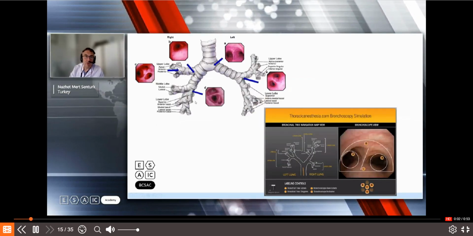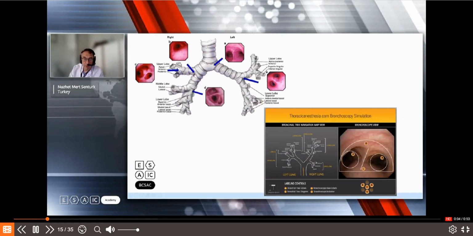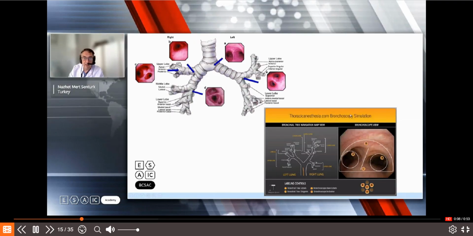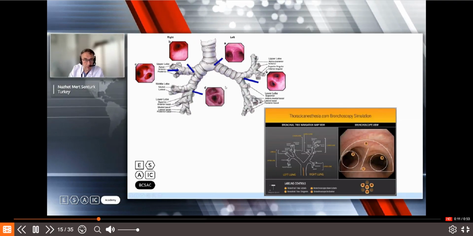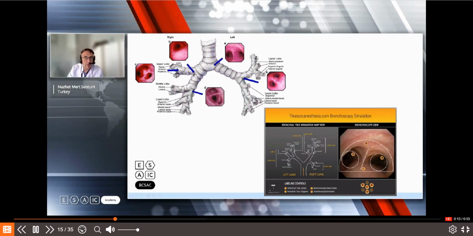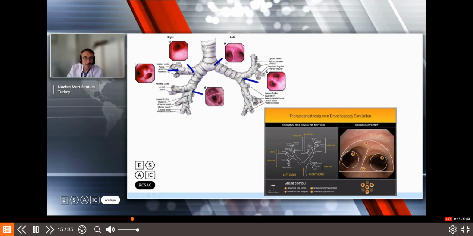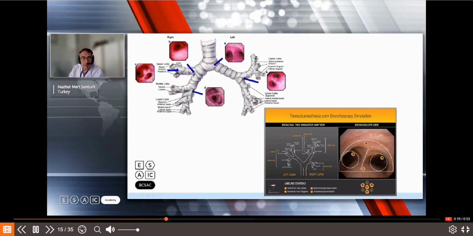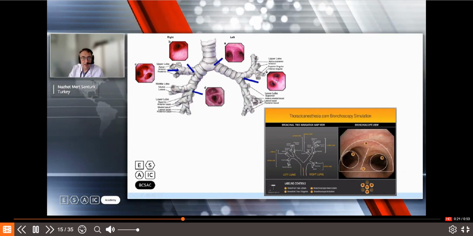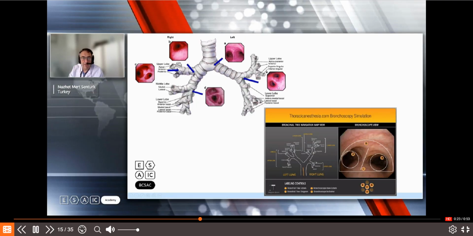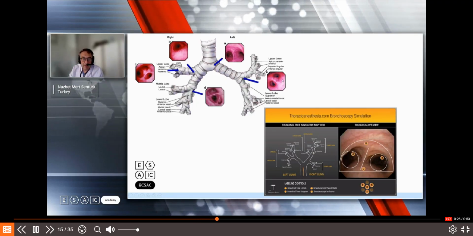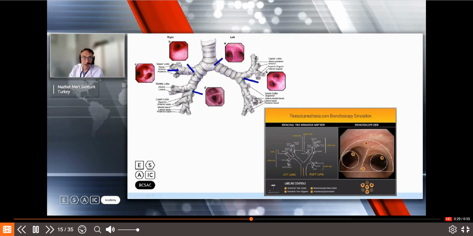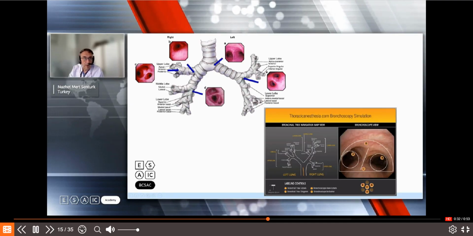Moreover, we have to be familiar with the bronchoscopic view, and you can also find websites and YouTube videos for bronchoscopic review. One very important thing is that the primary bifurcation at the carina and the secondary bifurcation at the left main bronchus can look similar, and therefore, especially if you are inexperienced, it can lead to confusion.